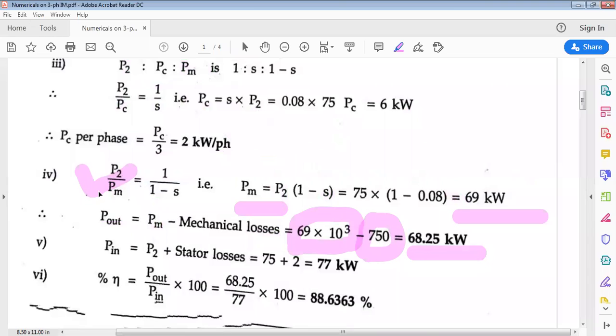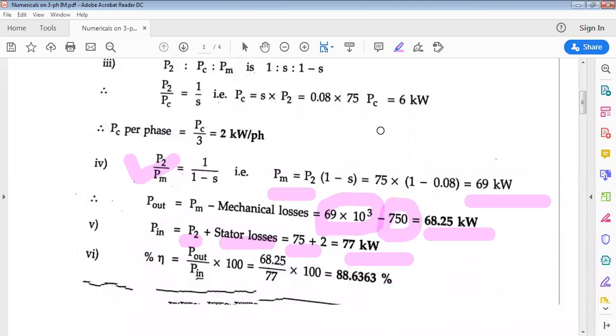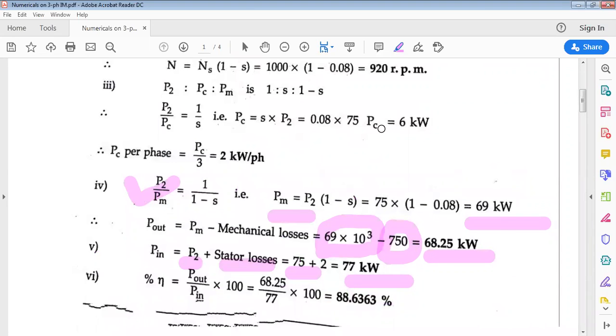Rotor input is given, 75 kilowatt, and stator losses are also given. Add these two, you will get motor input. Now you know output, you know input, so you can calculate efficiency. Got the sum, everyone?